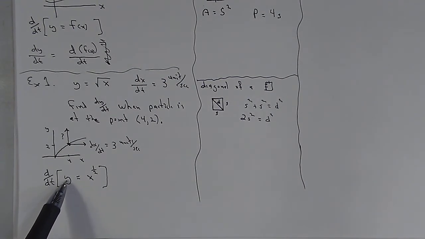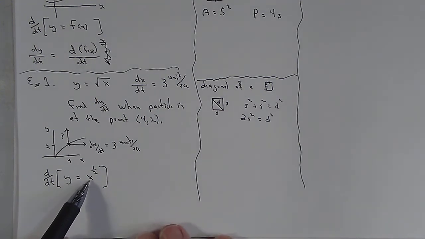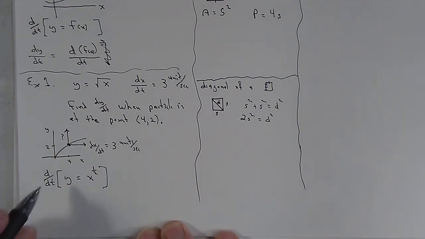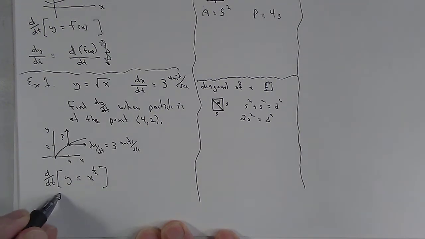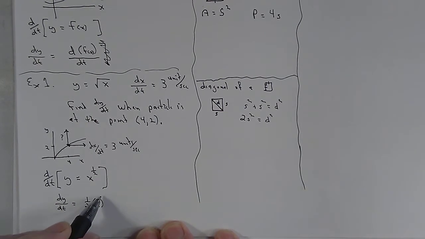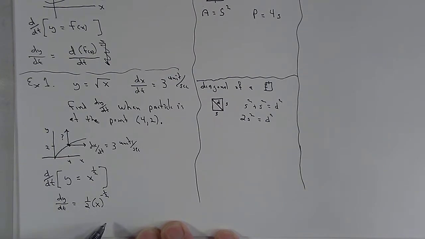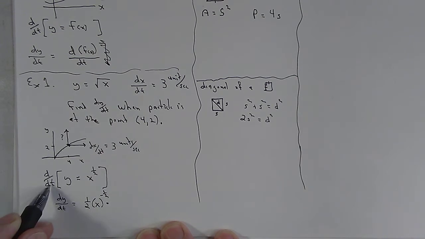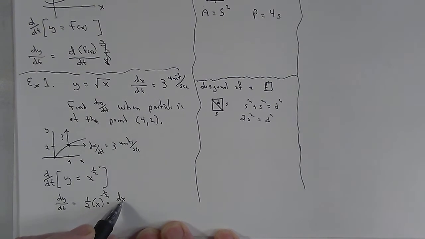And the y coordinate and the x coordinate are changing with respect to time, which in this case is in seconds. So the derivative of y is the rate of change of y. Right, this is a power. Bring down the exponent, leave the base alone, reduce the power by 1, then chain onto that the derivative of the base. But the derivative of x with respect to the variable t is dx/dt.